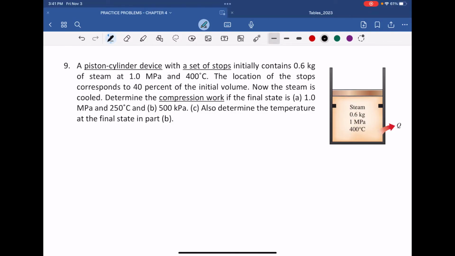And basically what they're asking in part A is, since it is a constant pressure process, we need to know the mass, we know it.